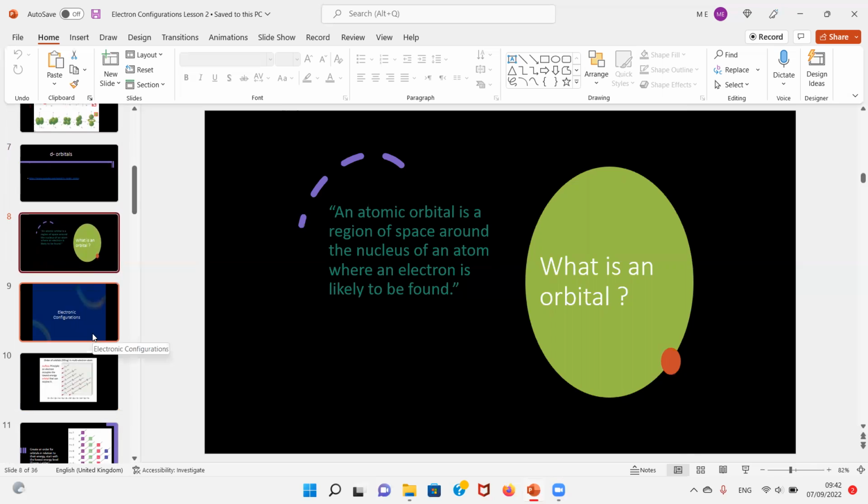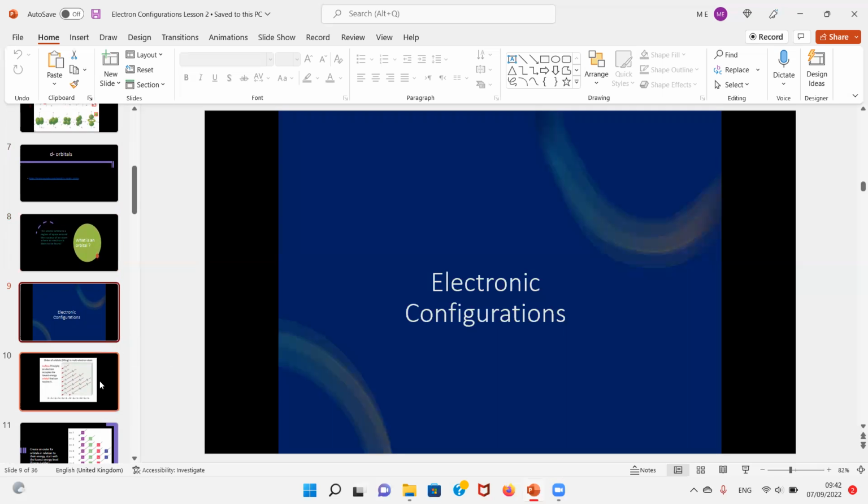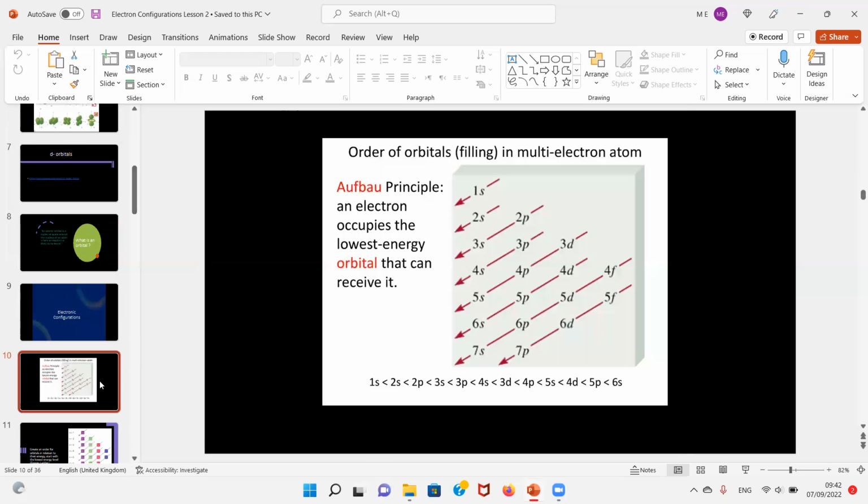So, electronic configuration or electron configuration. The first principle that we need to understand here is the Aufbau principle. Basically this principle says that the electrons occupy the lowest energy orbital that can receive them.